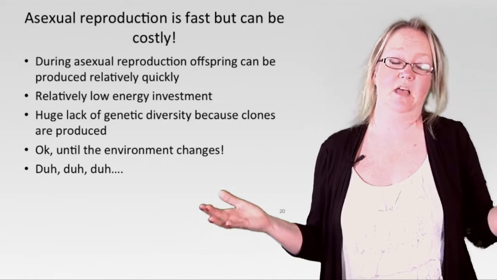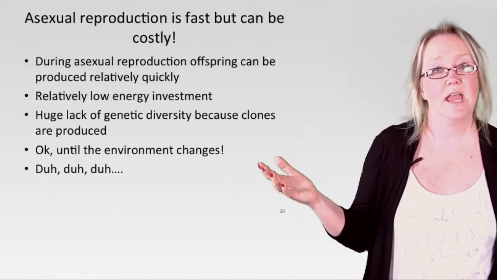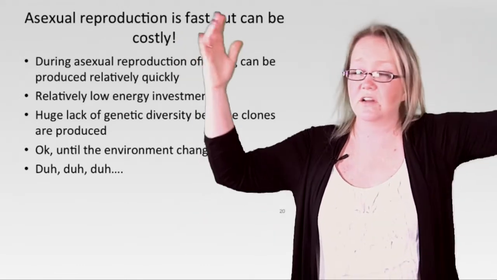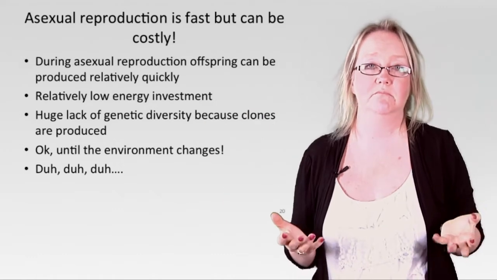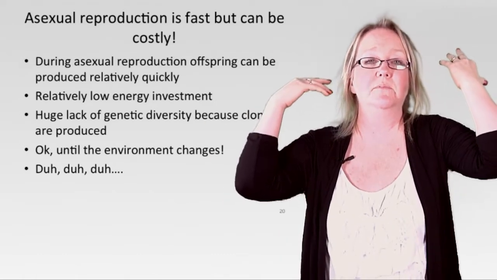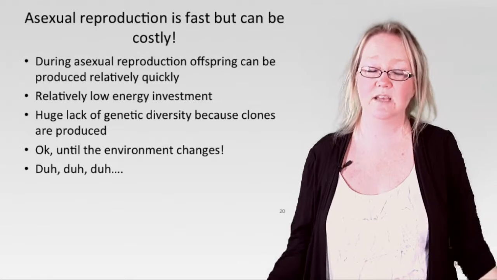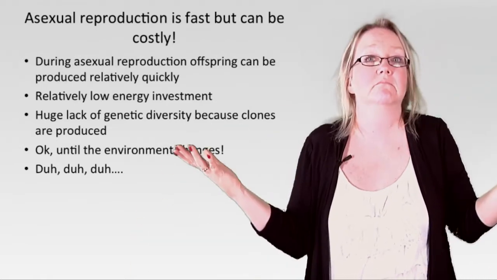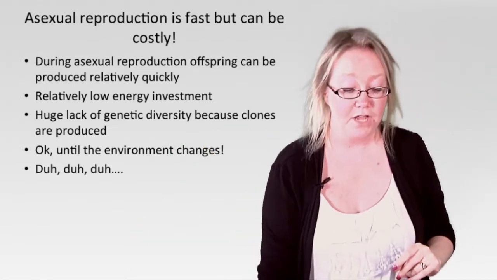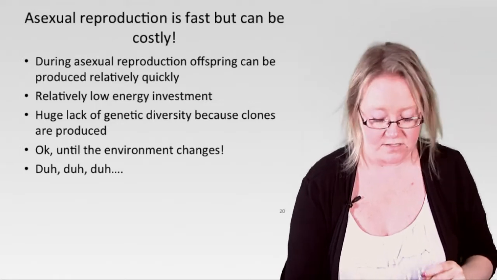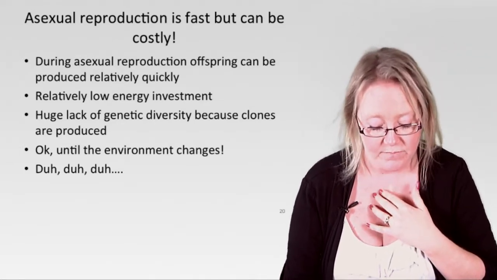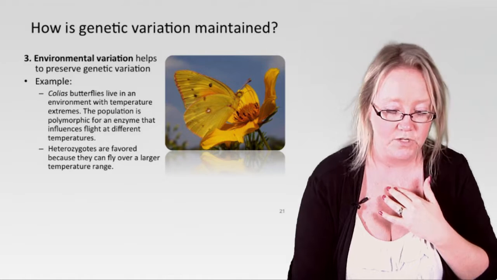That's great until suddenly the environment changes and your clones are completely unadapted to the new environment. Then pretty much your entire population is going to fall to the wayside, going to die, and you're done. Dun, dun, dun. What happens next? Okay? That's a problem because then you kind of disappear from the population.